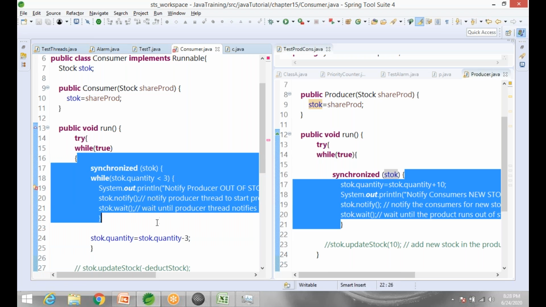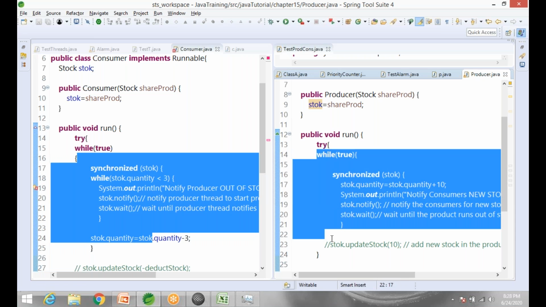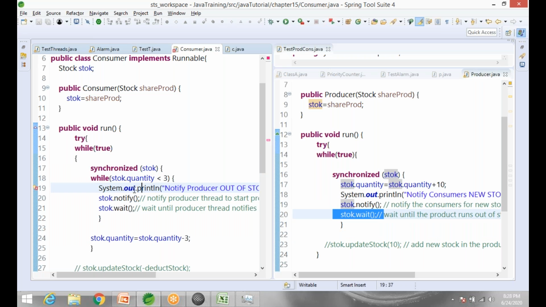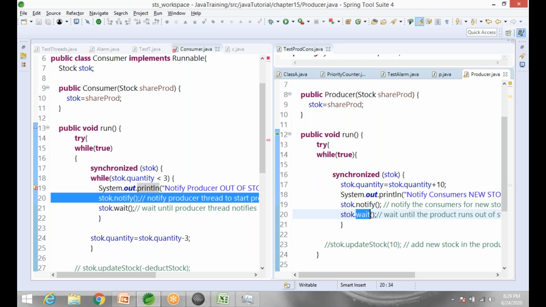This program will wait until the other program notifies you. This is in perfect balance. This one notifies, the other program gets notified, wakes up, does its job.